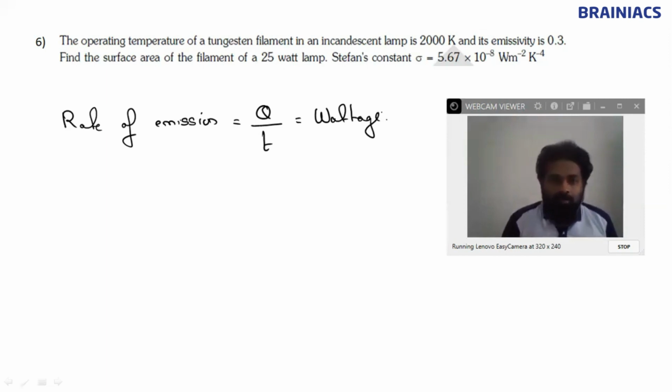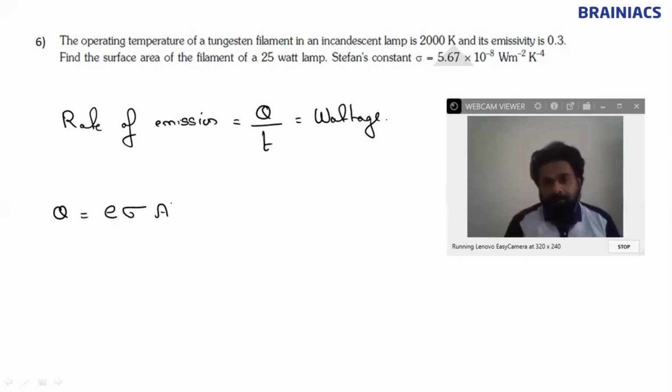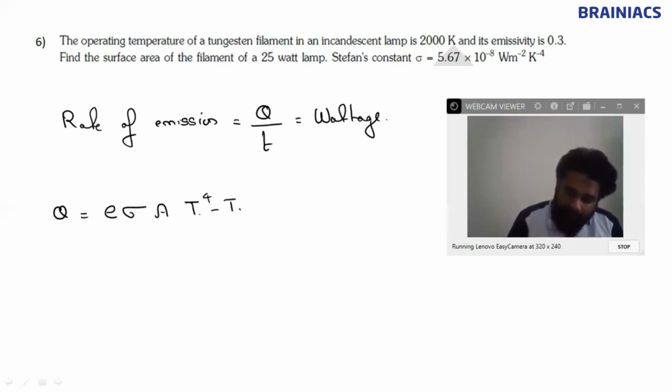Now what we need to find is the surface area. So we know Q is equal to emissivity into sigma, that is Stefan's constant, into the surface area of the radiating body, where this is the filament, into (T raised to 4 minus Ts raised to 4), where T is the body and Ts is the surrounding, into time.